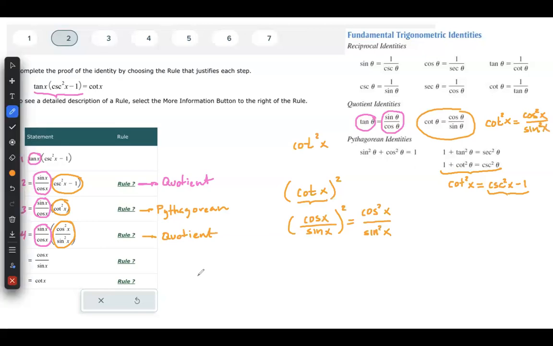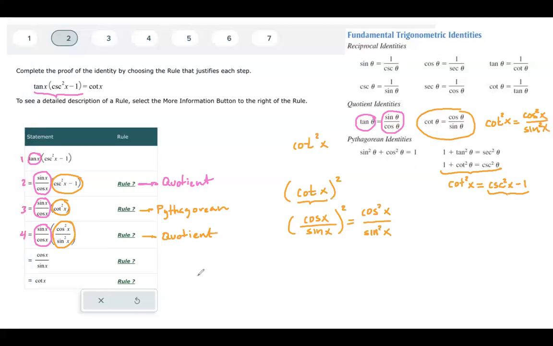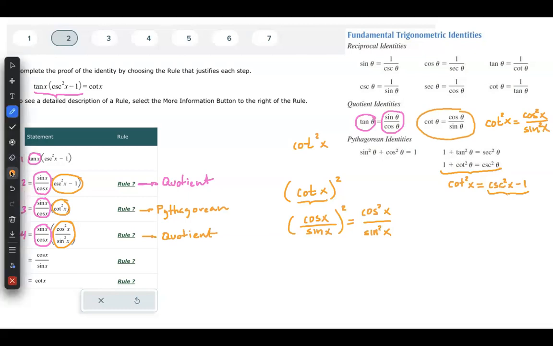Let's see if someone used another identity from step number 4 to step number 5. It looks like the sine over cosine is no longer there. So something happened to everything at once. So let's try to zoom in on what seems to have changed.